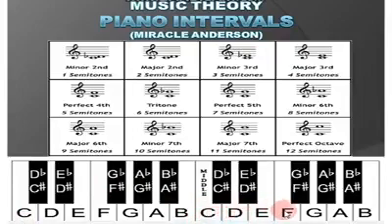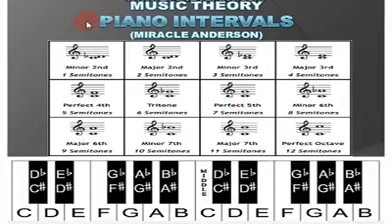D to F. So an interval is basically the distance between two or more notes. There are different types of intervals. We have the minor second, the major second, the minor third, the major third, the perfect fourth, and so on, down to the perfect octave, which is the highest.